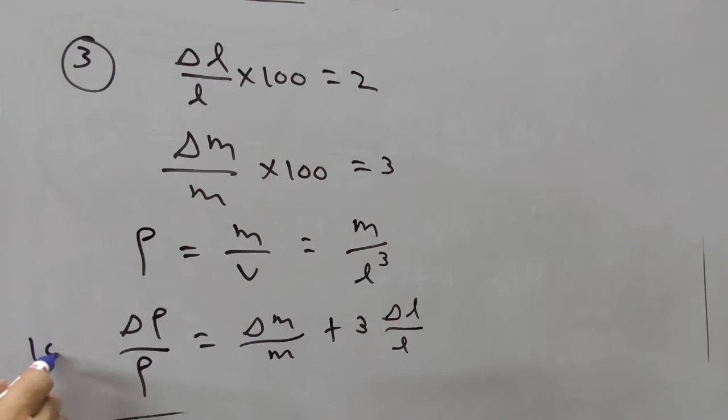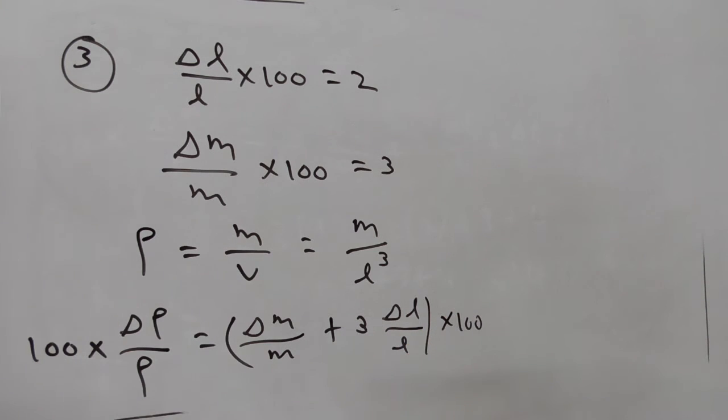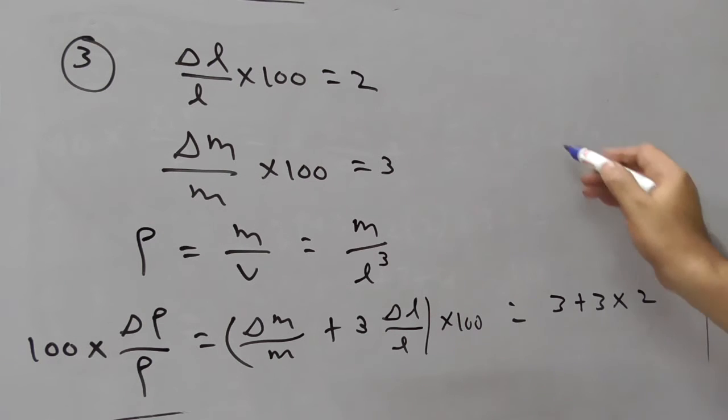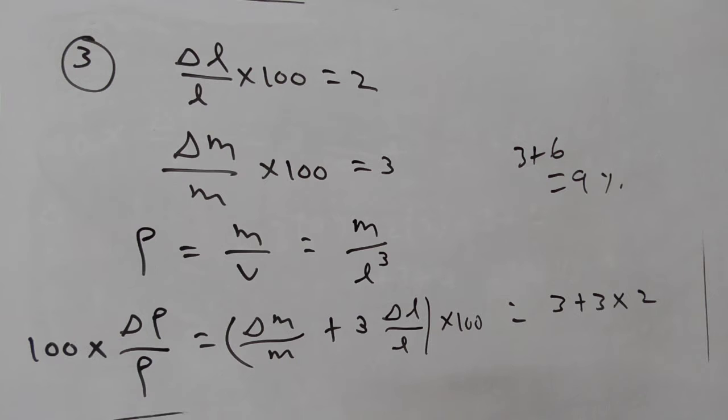To get percentage, multiply by 100. Now substitute the given values: delta M by M into 100 is 3, plus 3 into delta L by L into 100, given as 2. So this is 3 plus 6. So our final answer is 9%, right?